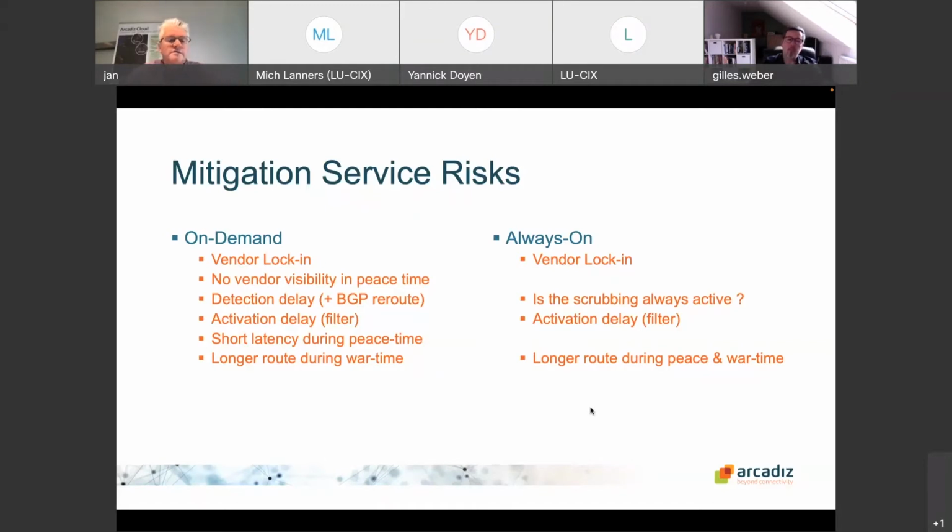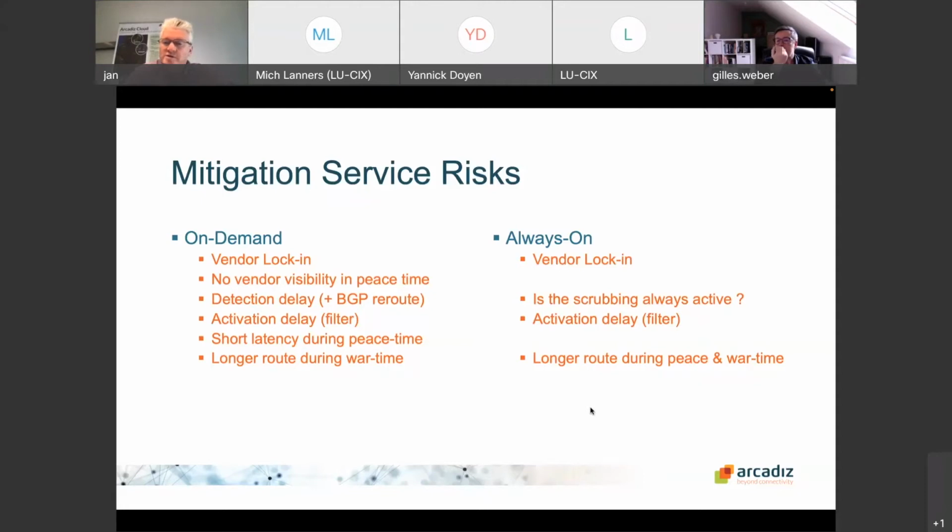Secondly, there are also delays between the moment that the detection has started and that the detection is propagated through the networks. So for people who are working on demand, there is definitely a delay to see that an attack has started. And then you have to tell all the routers in the world, from now on it has to be rerouted to a scrubbing center. And that will take also some time, around 2 minutes maximum for a worldwide reroute.